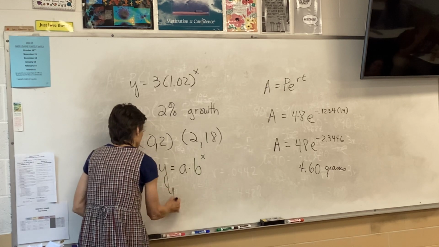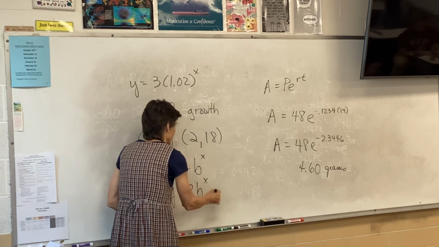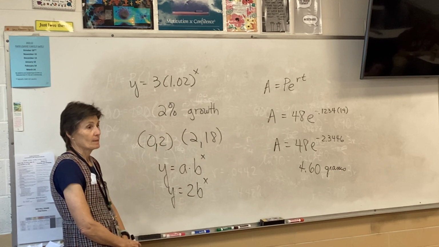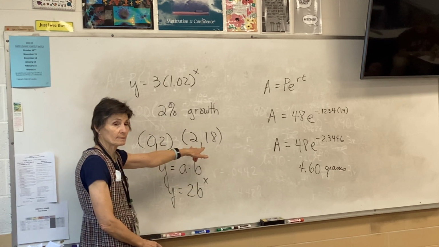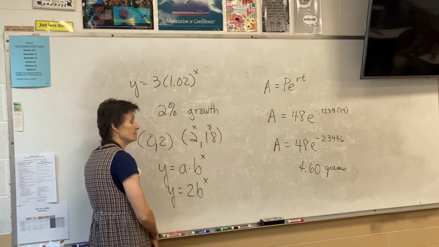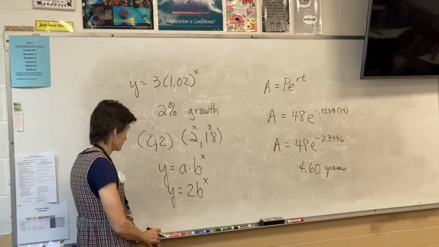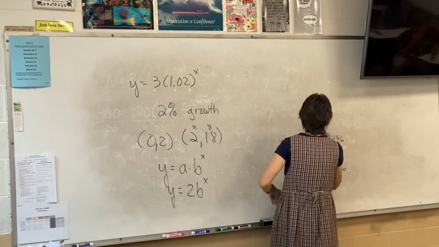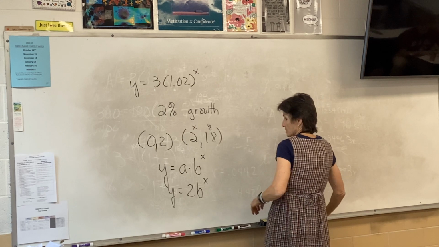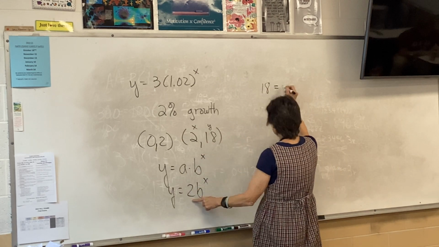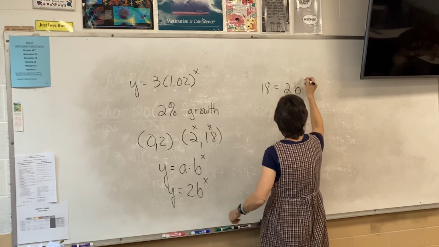So A is 2. Okay? How am I going to find B? Plug in the second point. Take the other point, which is an x and a y, and plug it in. So, 18 equals 2b to the second.